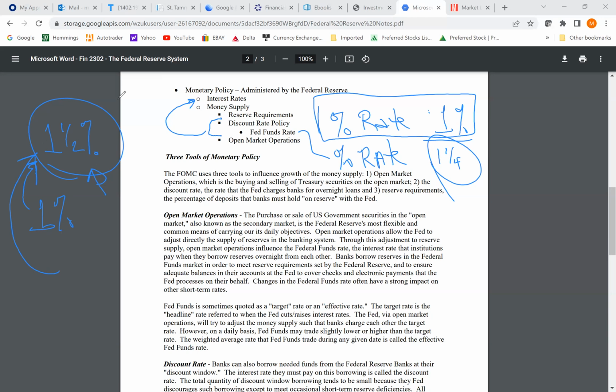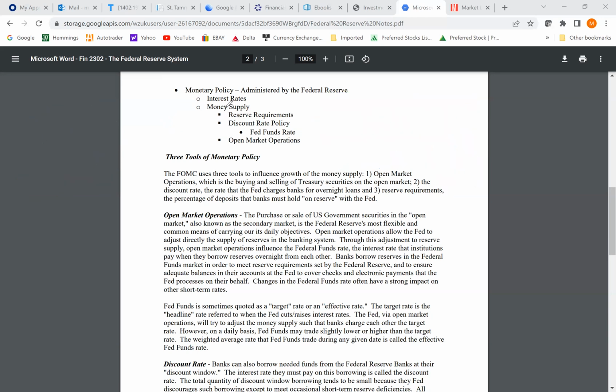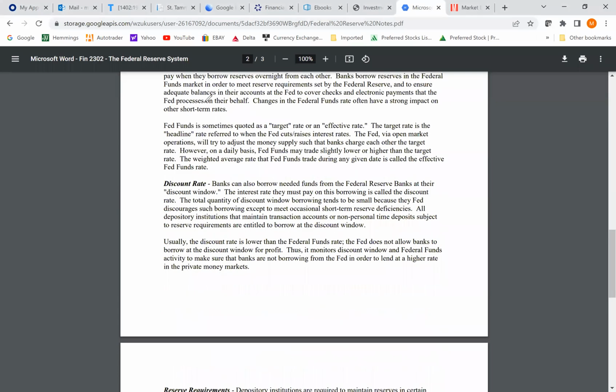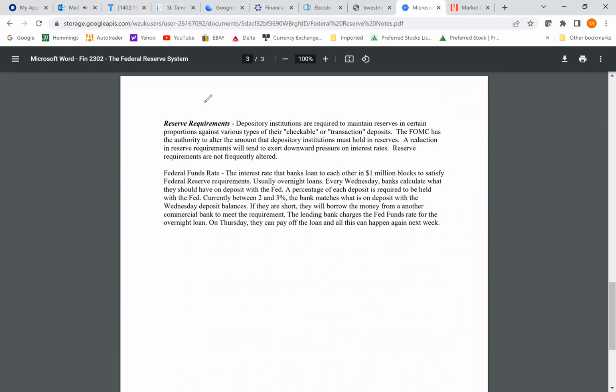All right, so let me clean this up, and I'll go to the last thing, which is a reserve requirement. That's a money supply issue. Reserve requirement is that when they are wanting to change the money supply, guys, what they do is they send the banks an email, so to speak, and they say, we want to take money out of the system, out of the economy.